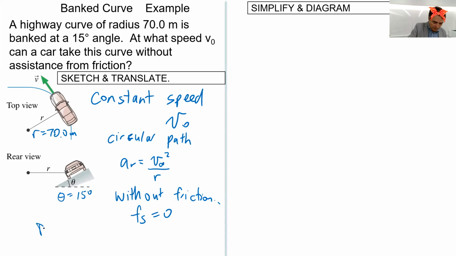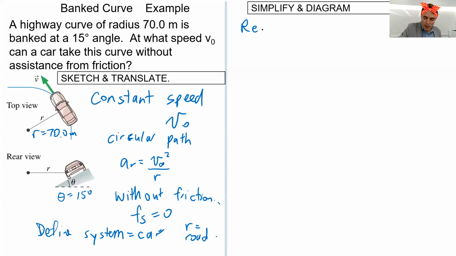Okay, and I'm going to define the system as the car. R is going to be the road. So when I simplify the diagram, you can only draw the force diagram from the rear view. And then in that case, you've got the force of gravity of the earth on the car, which is your mg.